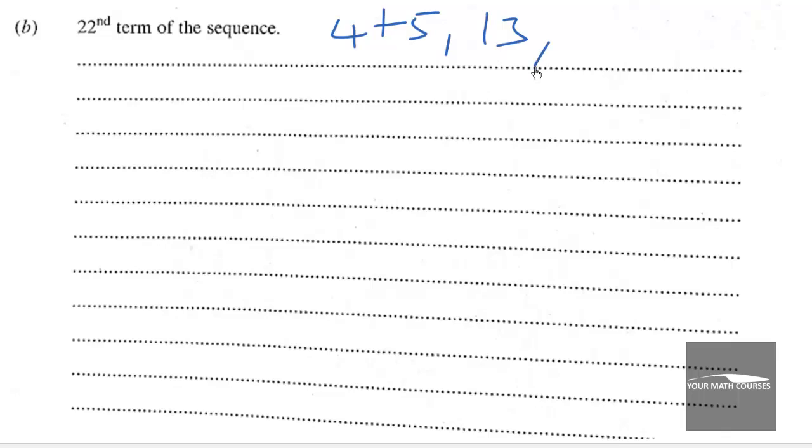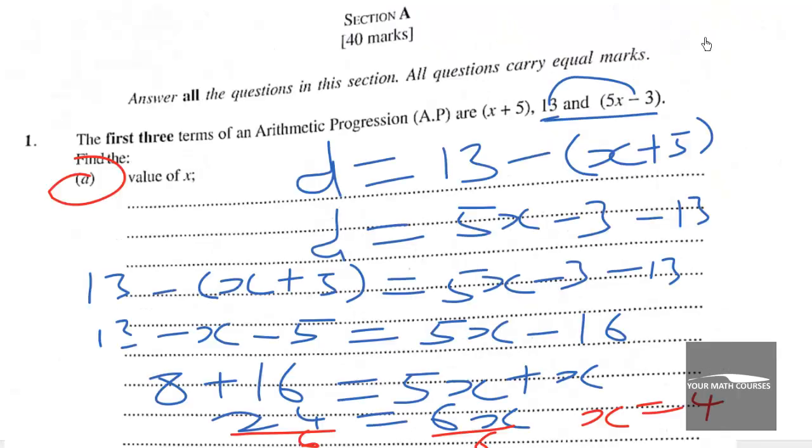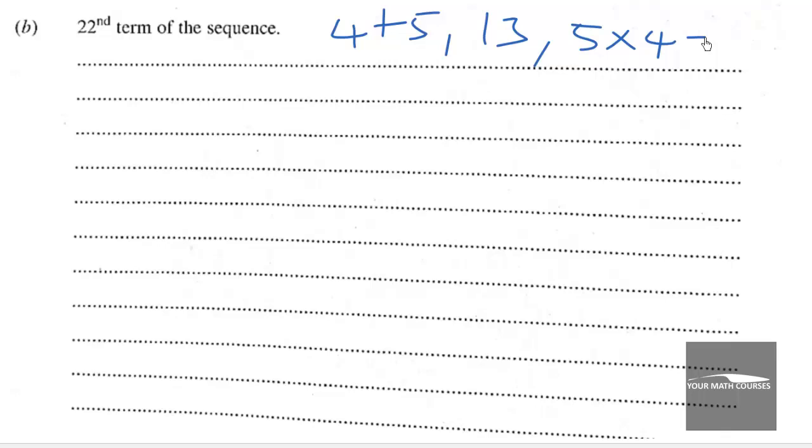Then we have 5 times 4 minus 3. So the terms will be 9, 13, and 20 minus 3 is 17. So it means the difference is 13 minus 9, which is 4.